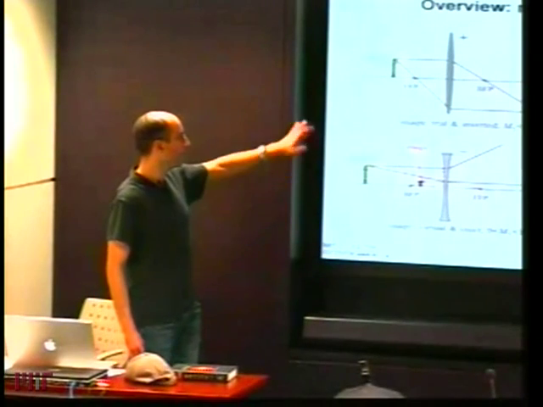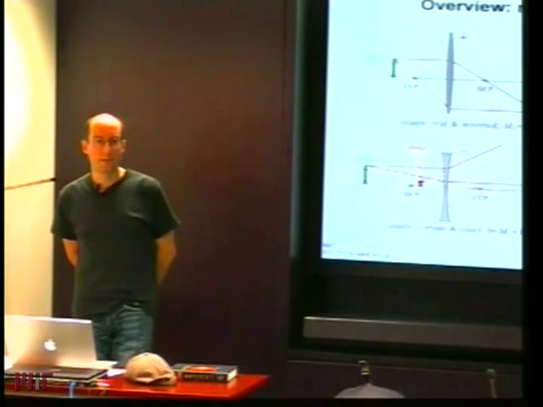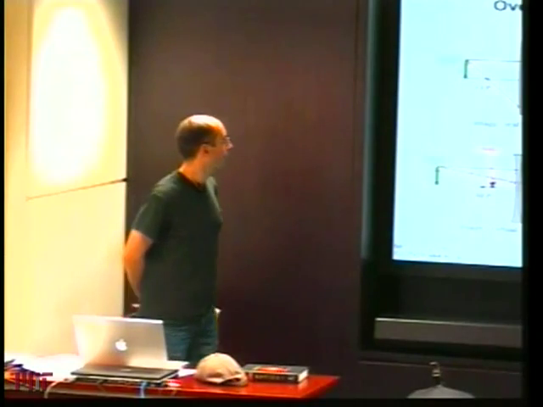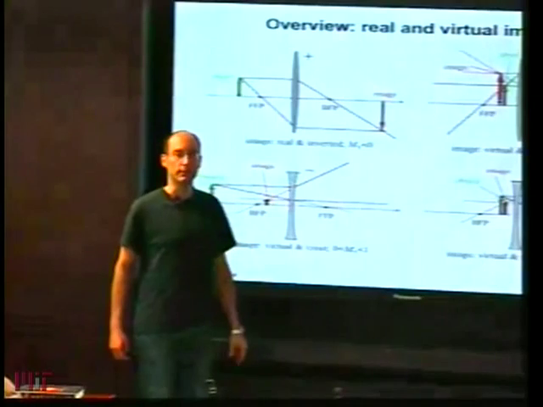And you can see there are different cases here. Sometimes the magnification is bigger than 1, sometimes it is less than 1. This I can never remember. Every time I have to derive which is the case. But anyway, all the possibilities can happen, except for this one where the magnification is always negative. It is always inverted.